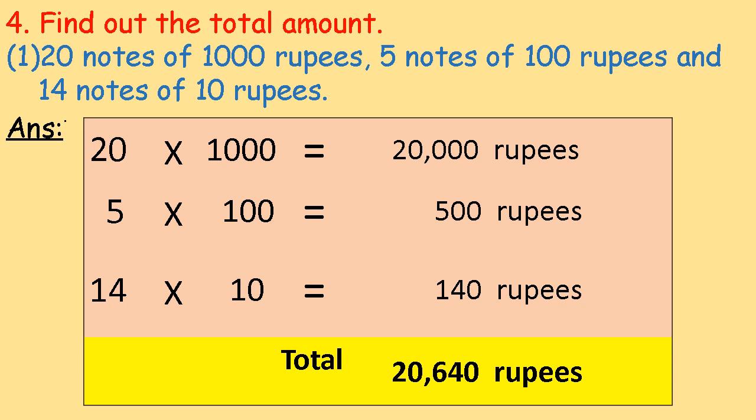And 14 currency notes of 10 rupees denomination makes 140 rupees. Therefore, adding all together, we get 20,640 rupees.